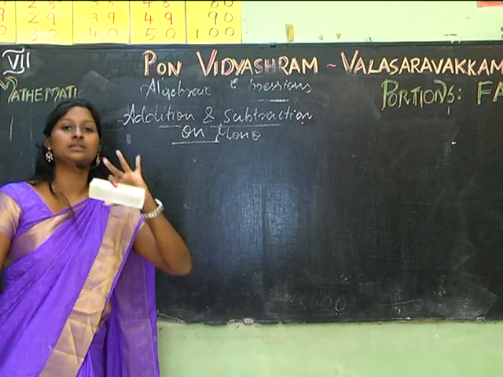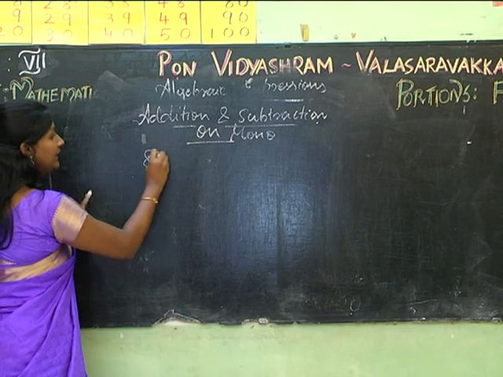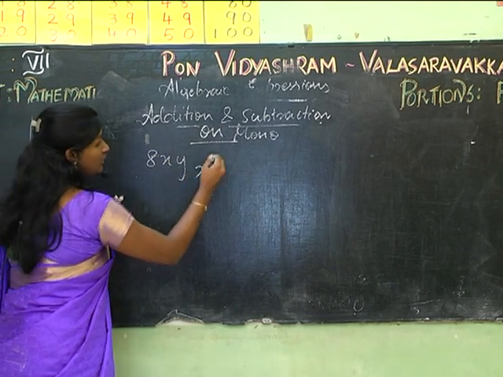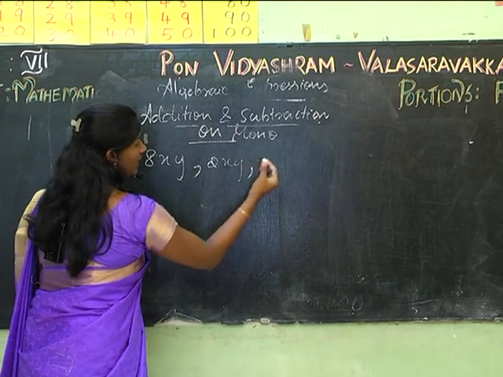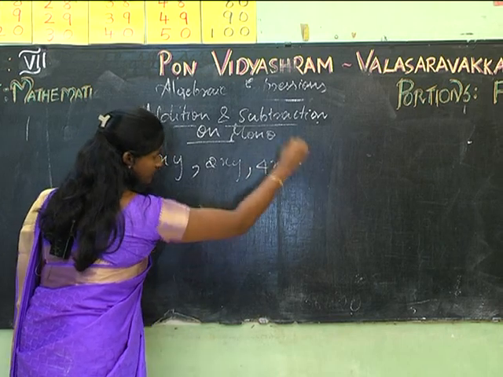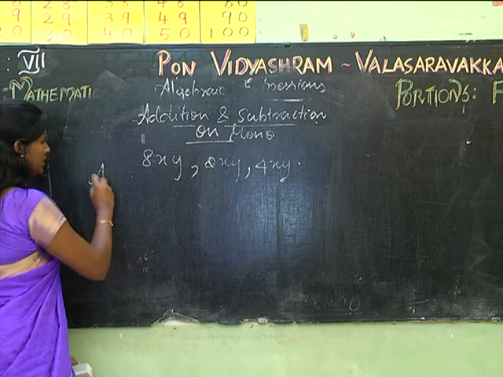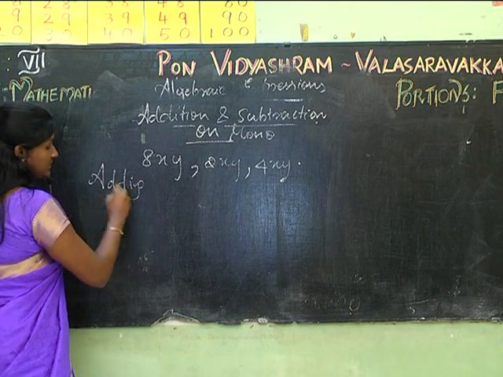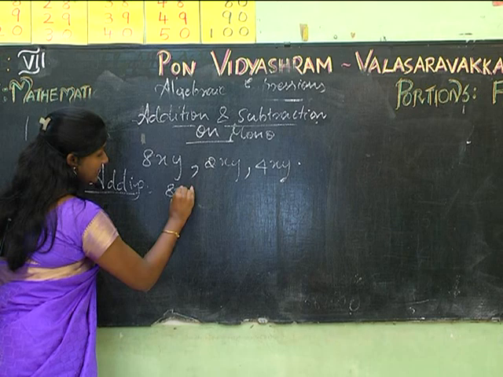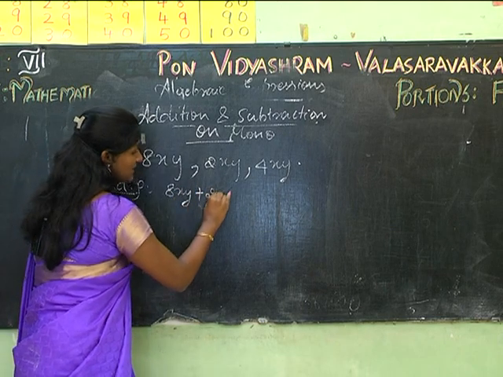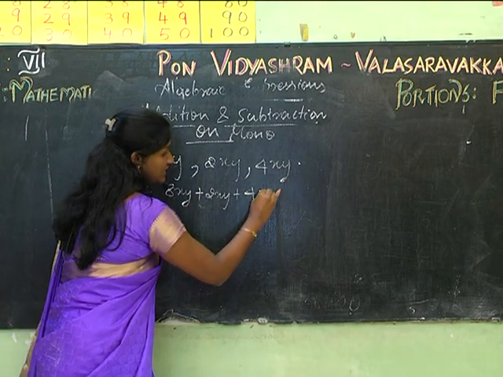First, let me consider three monomials like 8xy, 2xy, 4xy. First, I'm going to perform the addition on these three expressions. Adding 8xy plus 2xy plus 4xy.